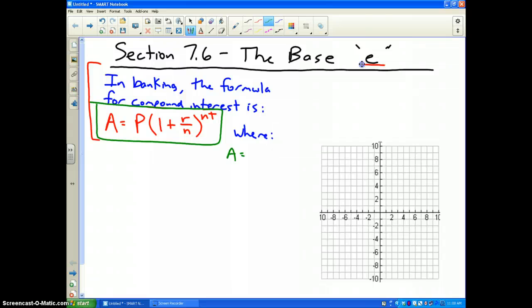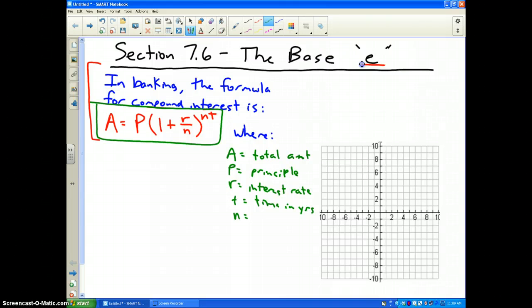Where A is the total amount of money that you have. P is the principal, or the initial amount of money you put in the bank. R is the interest rate you're getting on your money. T is the time in years.